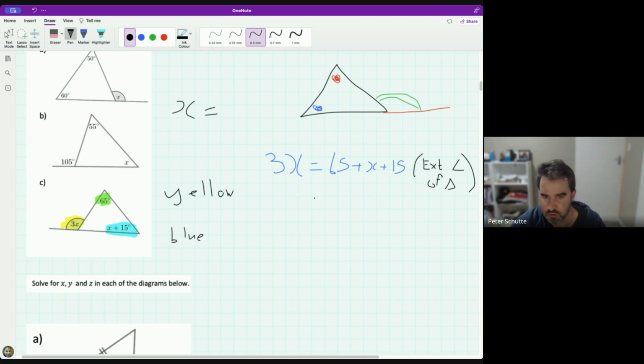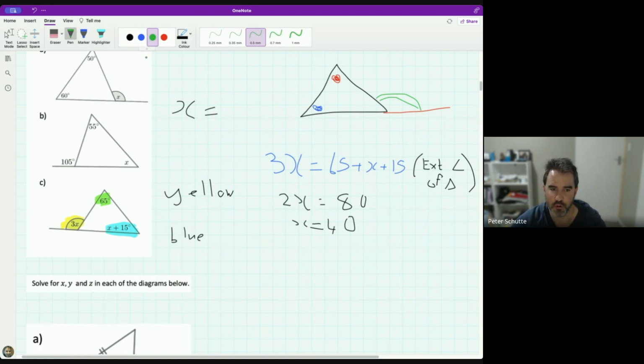But we still need to do some work. So we're going to say, take away the x, bring it across. We're going to get 2x is equal to 80, which means x must be 40, because we're dividing both sides by 2.